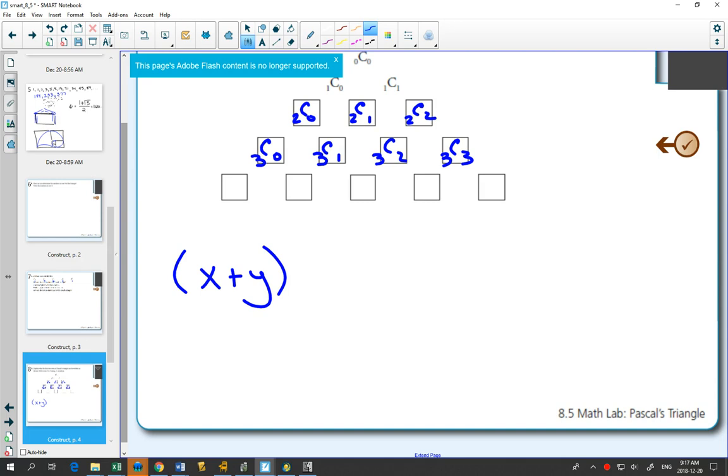x plus y to the 0, what's anything to the 0? 1. Good. If I had x plus y to the 1, I would just get x plus y. In fact, I would get 1x and 1y.